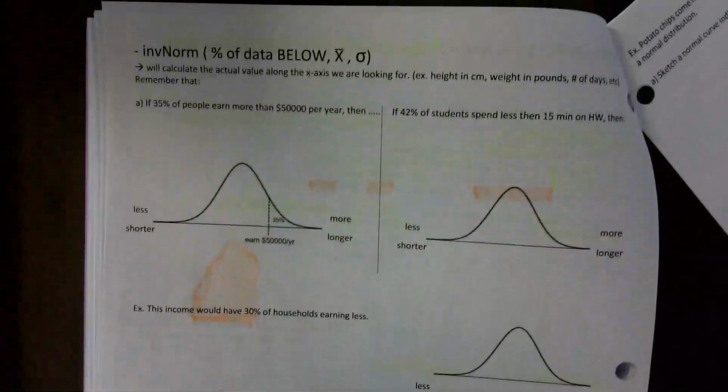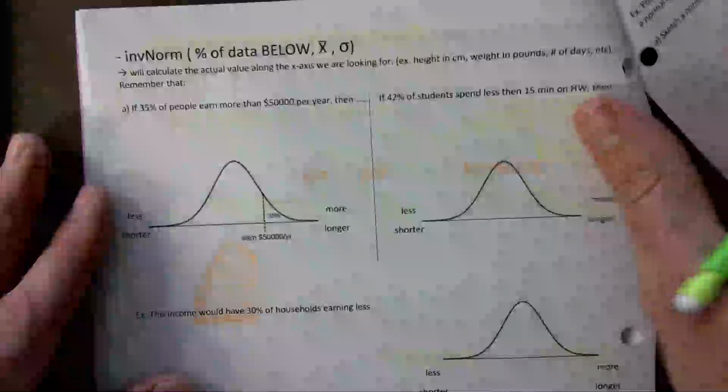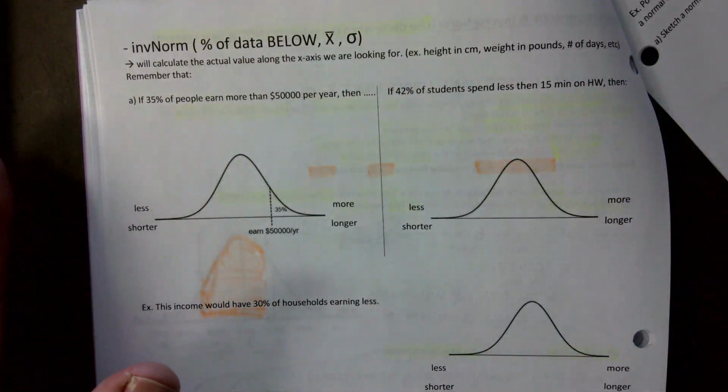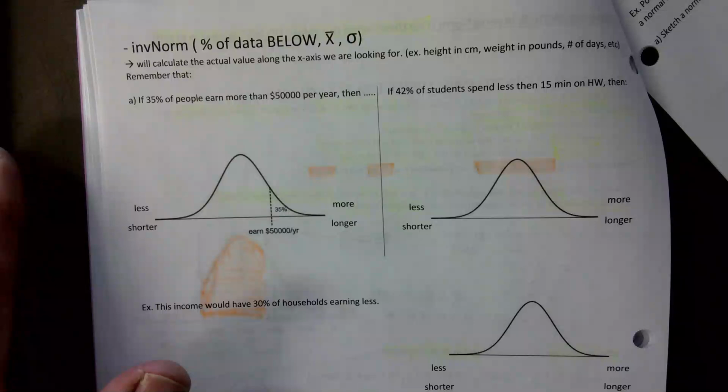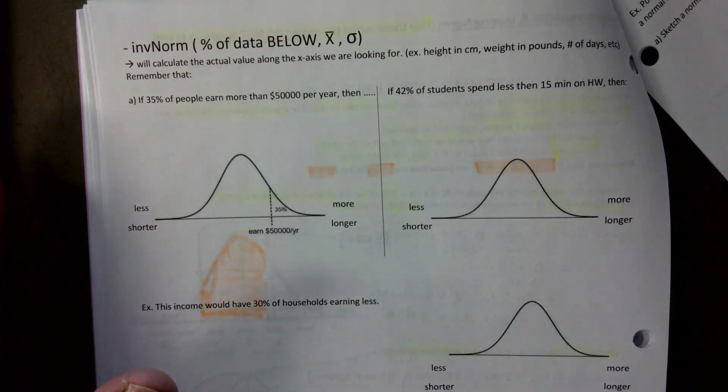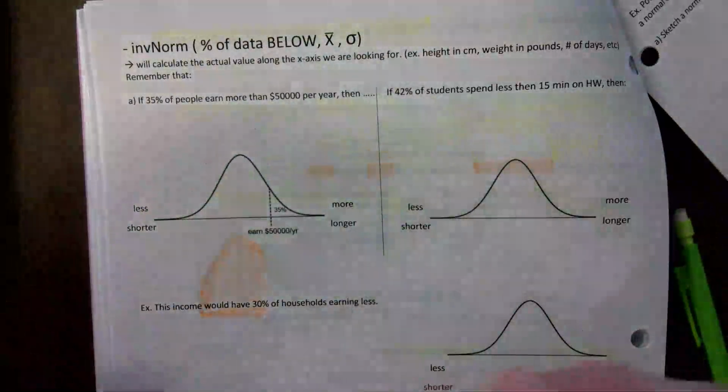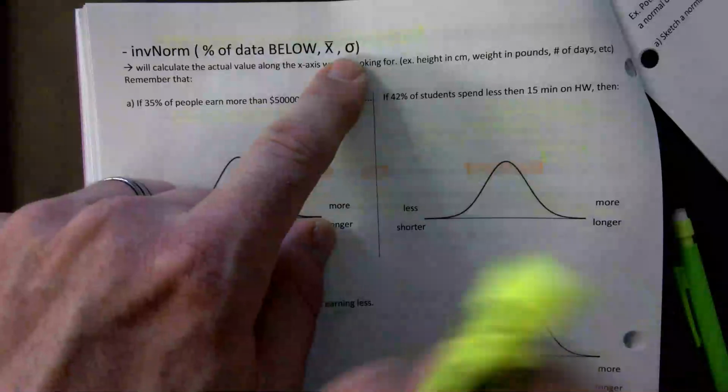Come with me real quick to page 33. I want to show you the other function. It's called inverse norm. What I need you to remember here: how many entries does it need?